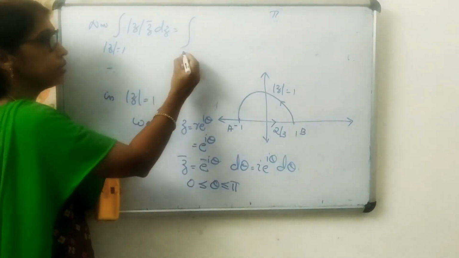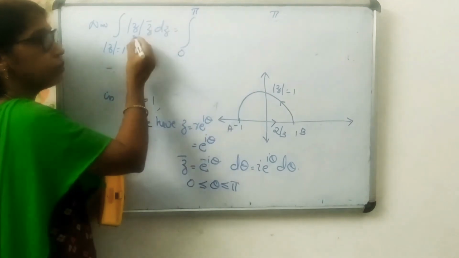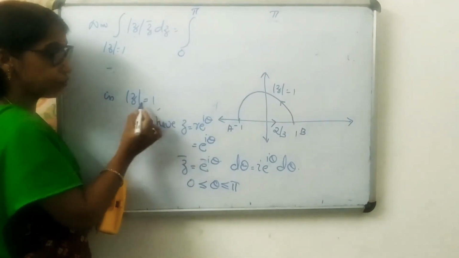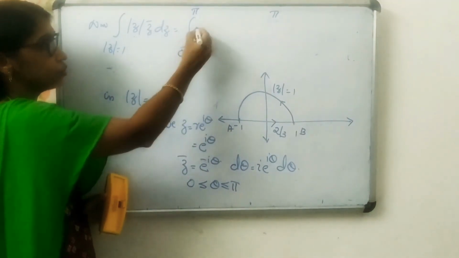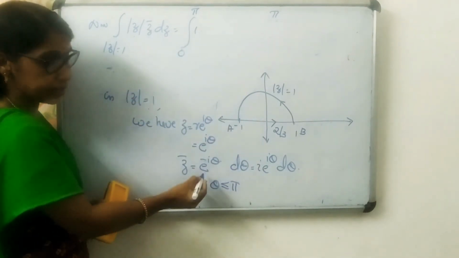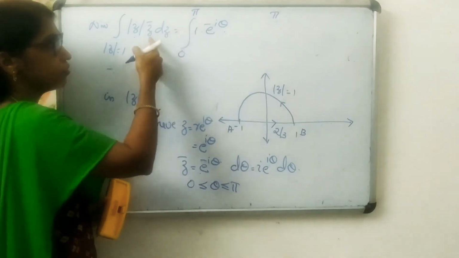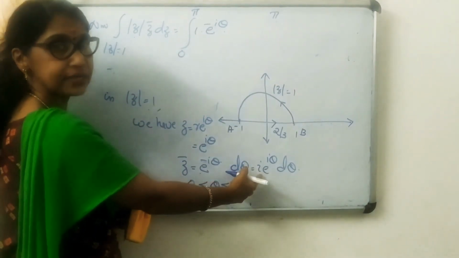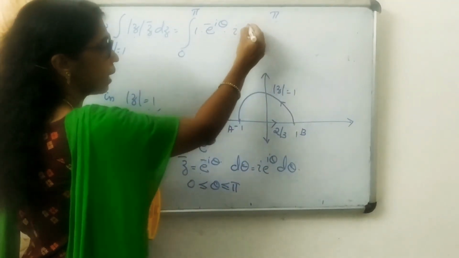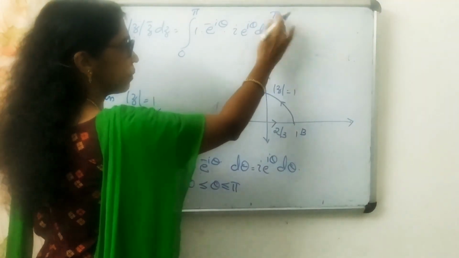Now this is equal to the integral from 0 to pi of modulus of z. Modulus of z എന്താ? This is equal to 1. So 1 into z bar. Z bar is e raised to minus I theta. And dz is I e raised to I theta d theta.